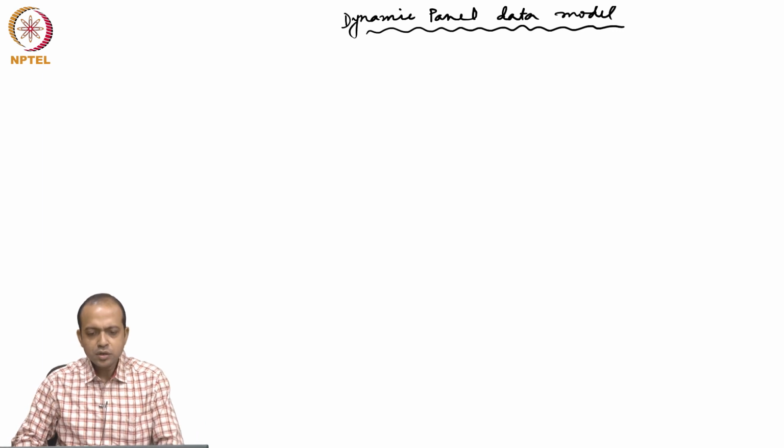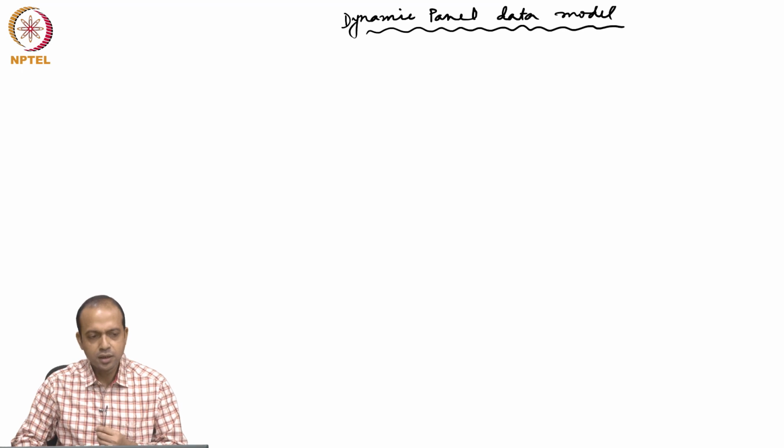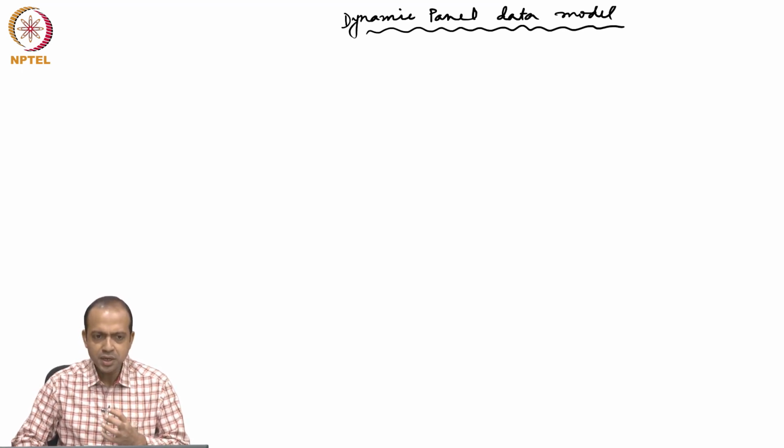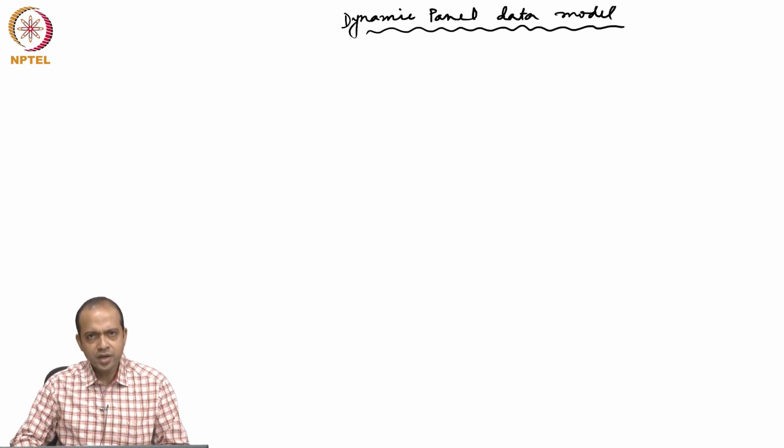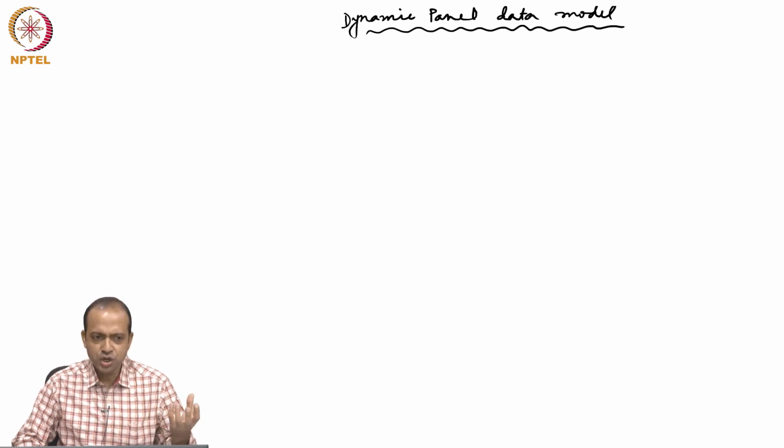Now, before we start discussing the dynamic panel data model in detail, let us try to understand what exactly we mean by dynamic panel data. Don't you think that panel data itself is dynamic in nature, because we are taking several years of data, and that gives a sense that panel data is dynamic while the cross section is static in nature?